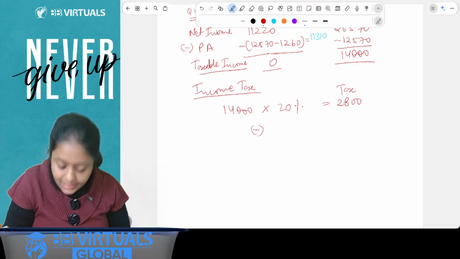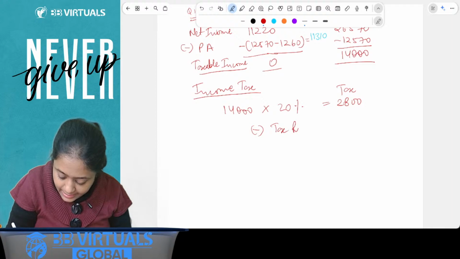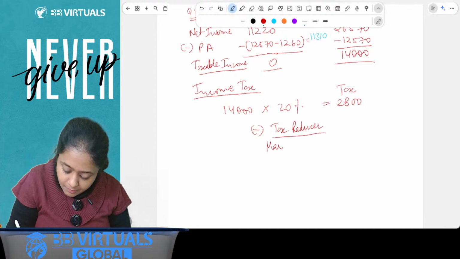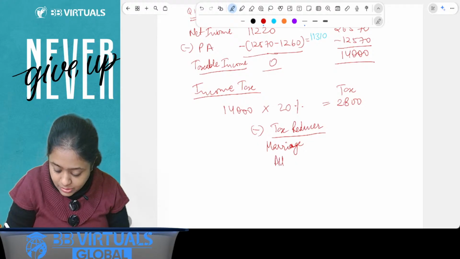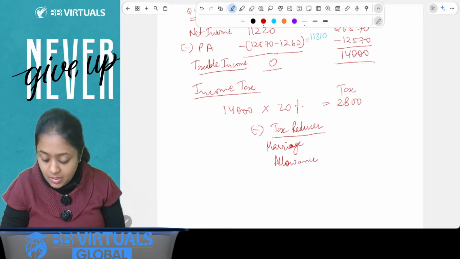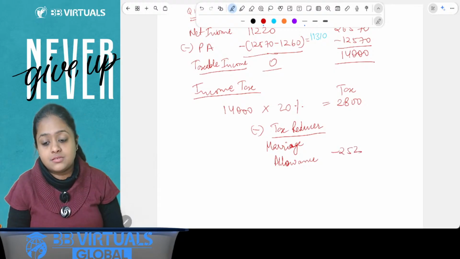Now don't forget this is a transferable PA. So you will write here tax reducer, underline it and write here marriage allowance. Why? Because I will tell you later about one more tax reducer. So you need to mention what this tax reducer is about. So this is marriage allowance. How much? 252. No changes.